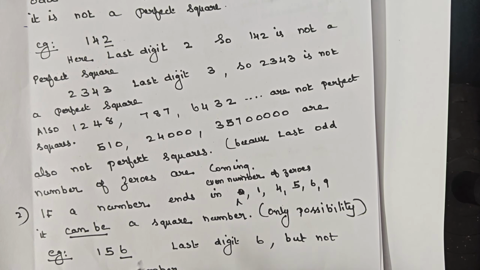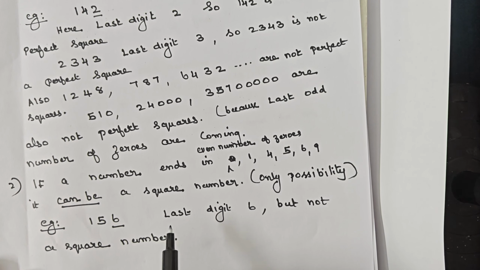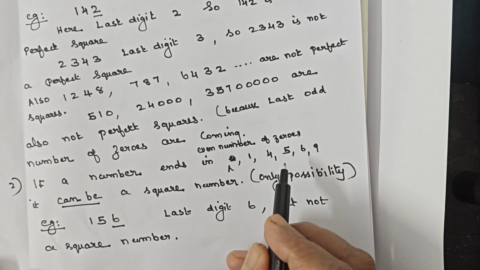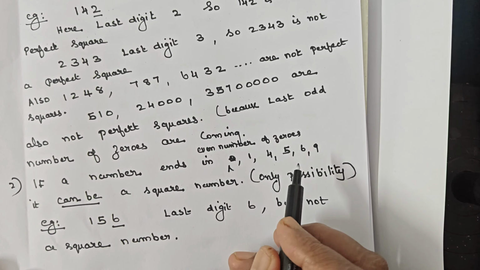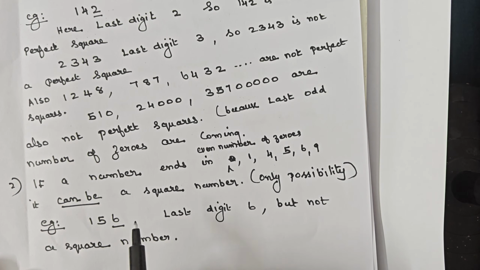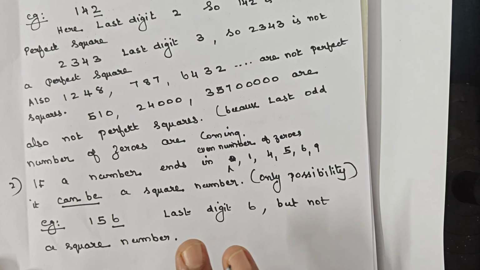For example, if you take 156, here the last digit is 6, but 156 is not a perfect square. So the condition is, any of the digits 1, 4, 5, 6, 9 or an even number of zeros, there is a possibility it can be a square number. But if 2, 3, 7, 8 is coming, then it is sure it is not a perfect square.